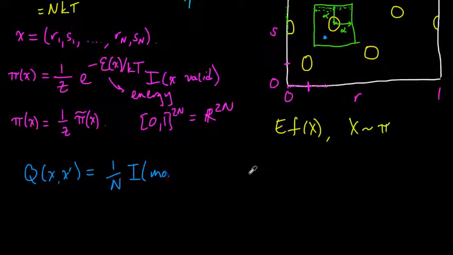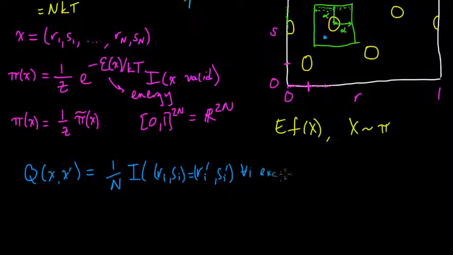Maybe I could write it formally to be clear. (r_i, s_i) equals (r_i', s_i') for all i except for one. This is saying that all the particles are in the same positions except for one of them, and let's call that one k.